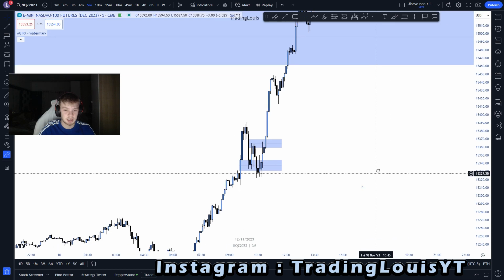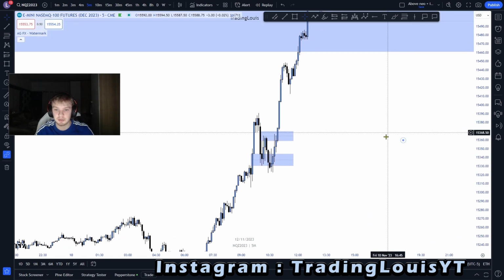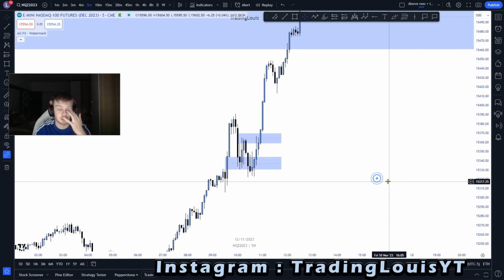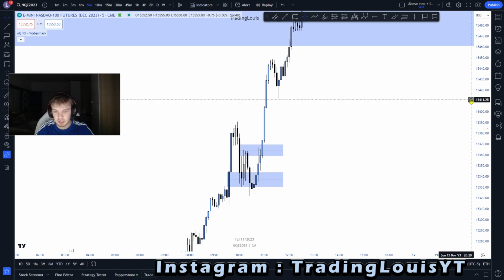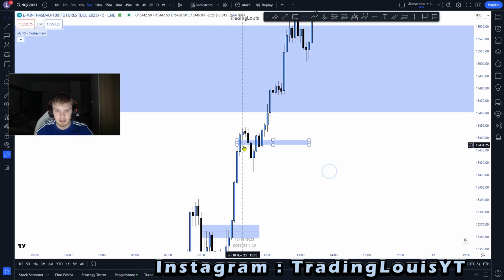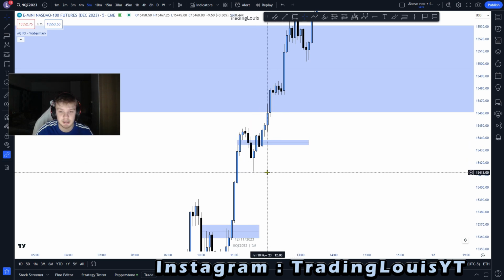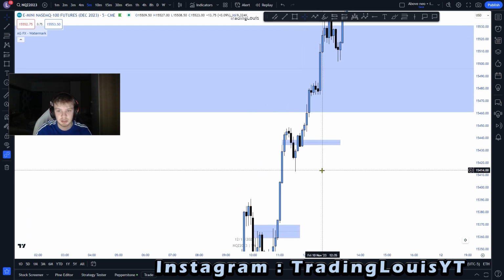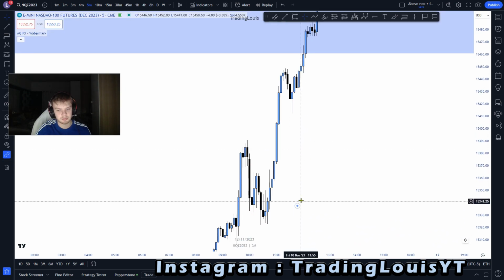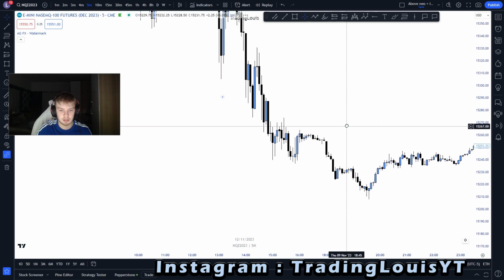You cannot just take any inverse fair value gap you see in the market, because then you will end up losing. This strategy actually takes a lot of screen time, and you need to journal and see which inverses work and which inverses don't, because as you can see here, we have another fair value gap here. This is inversed, and then price does not respect it, and price just goes the other direction.